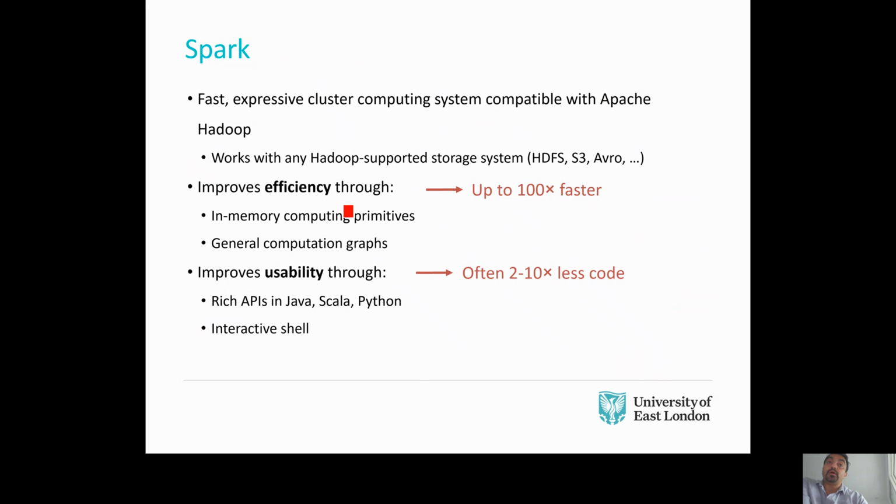As I said, since Spark works over memory, it's going to be 100 times faster than Hadoop because of memory, and Spark is more usable as compared to Hadoop, since you can develop your code with maximum 10 or 20 times fewer lines of code.